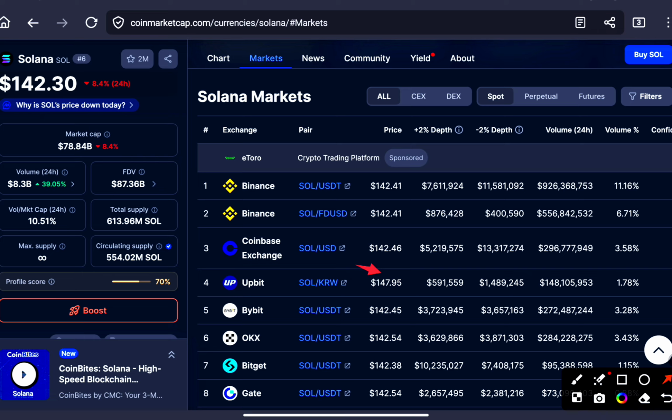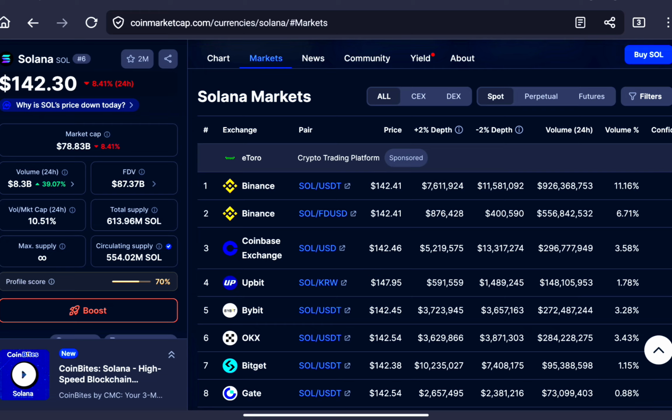Forget about the value in won. Look at the converted value in dollars, right? It's gonna be $147.95, and the price on Binance is about $142.41.